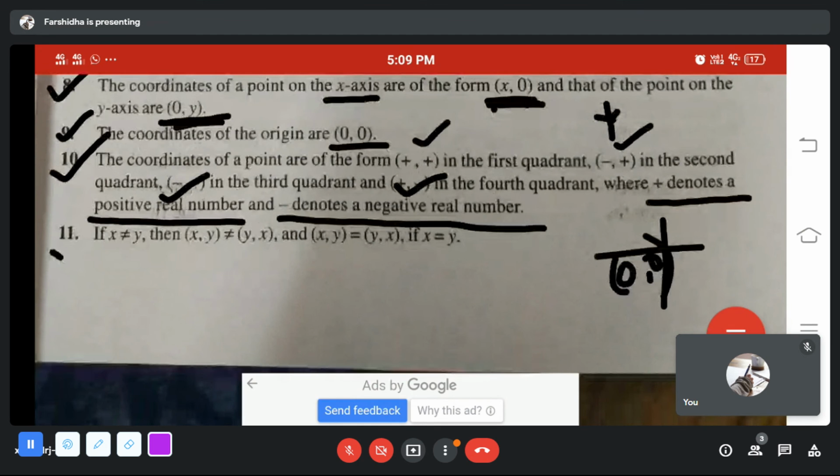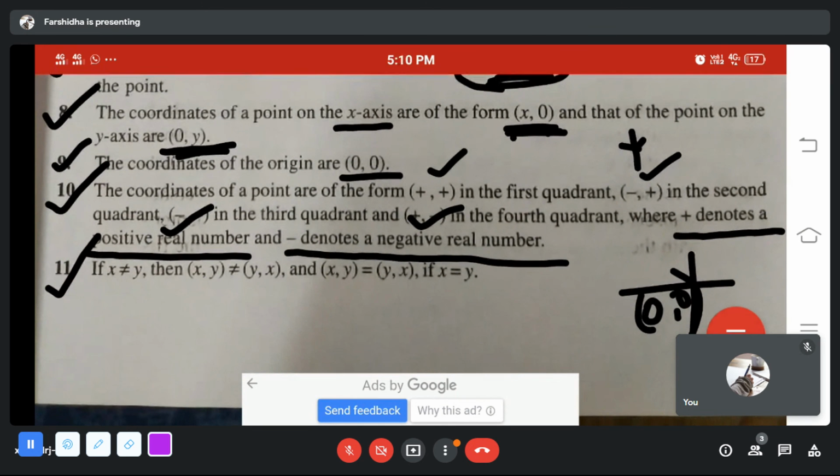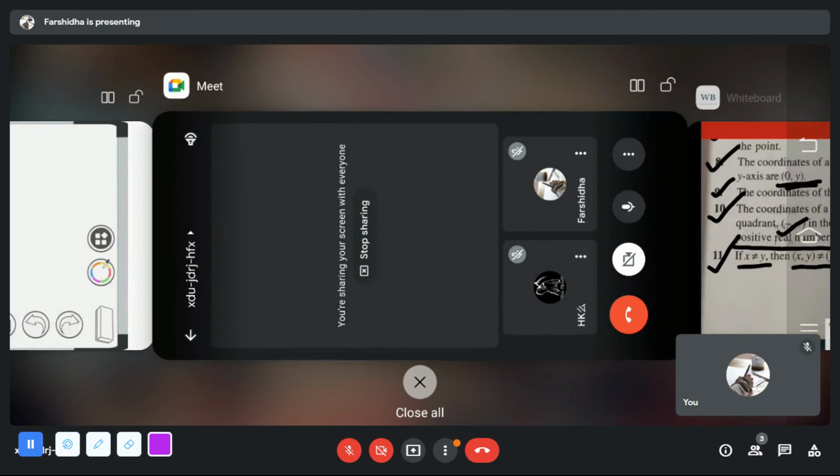That we know. Now, at last, this one is an important point. If x is not equal to y, then (x, y) is not equal to (y, x).